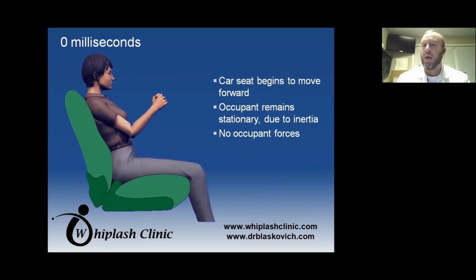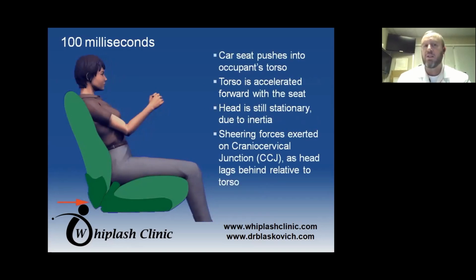So at the point of impact, the car seat starts to move forward. The occupant remains stationary due to inertia, and there are no occupant forces. As the collision progresses, at 100 milliseconds, the car seat gets pushed into the back of the occupant's torso, pushing their body forward, but their head remains stationary.